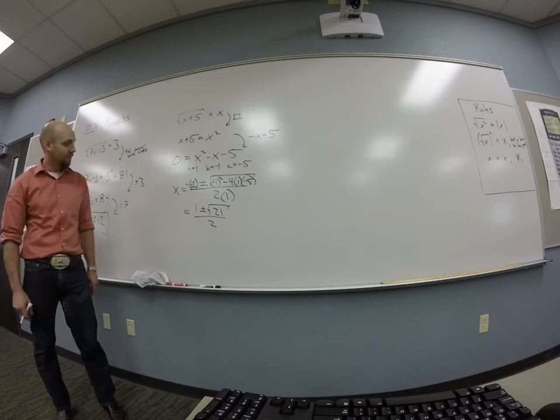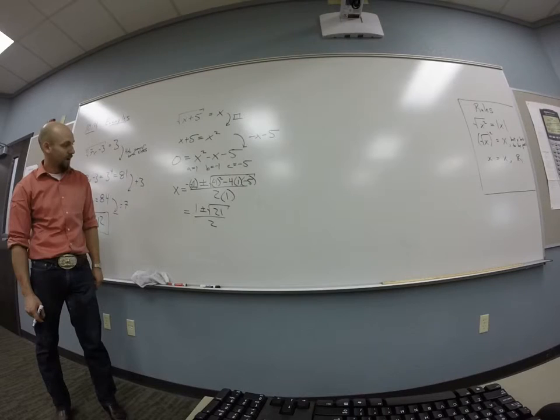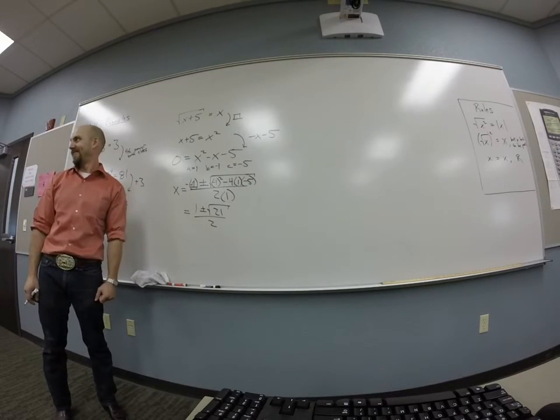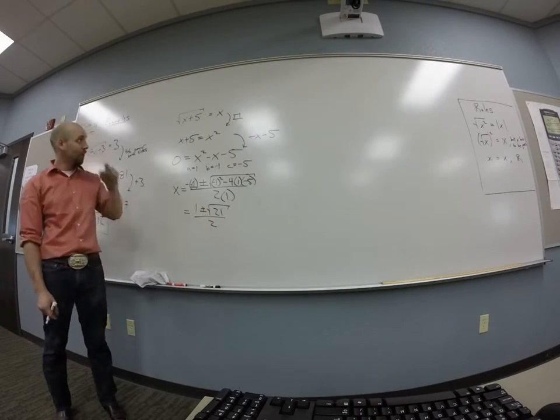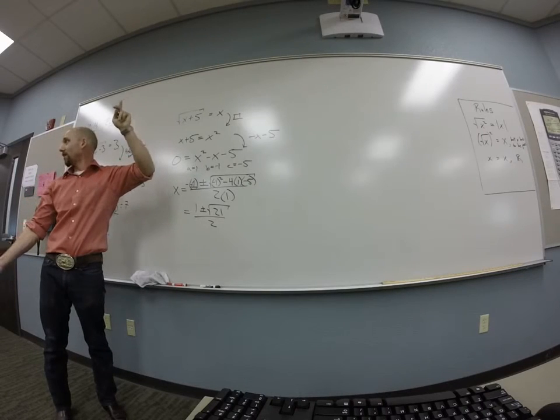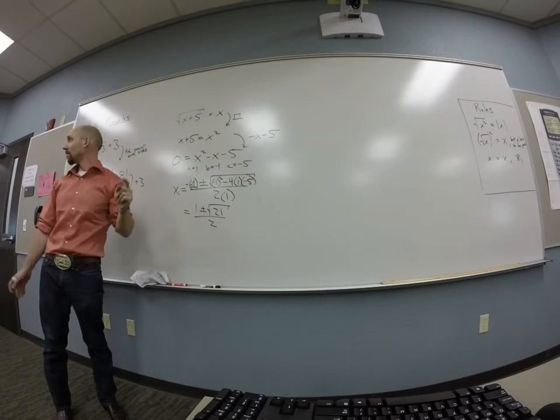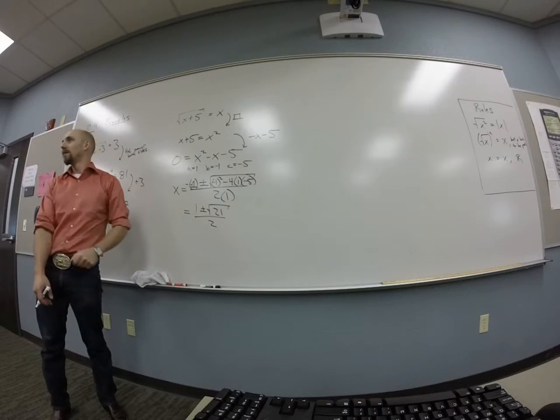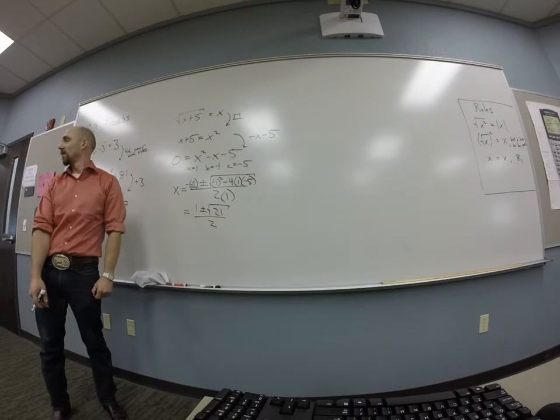Okay, let's see. So, I should check them, right? Yeah, this is going to be kind of icky, right? Really, I just need to know if they fit in the square root thing, right? That'll be enough. Okay, so what does this square root thing take? 1 plus or minus square root of 21 over 2.